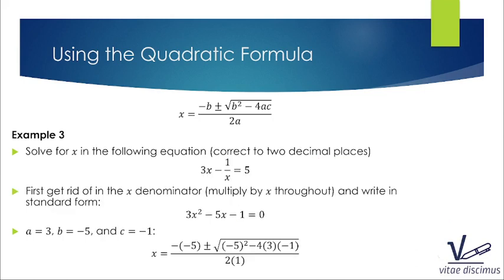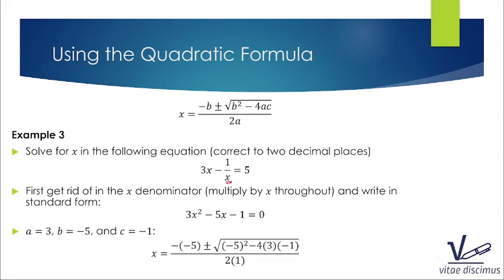Looking at a third example now. Solve for x in the following equation, correct to 2 decimal places as well: 3x minus 1 over x equals 5. You must see that this is not in standard form either, so we must first get it in standard form. How do you do that?